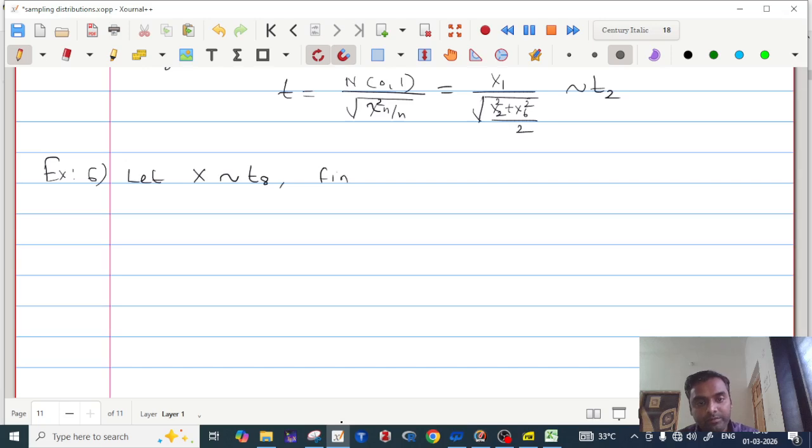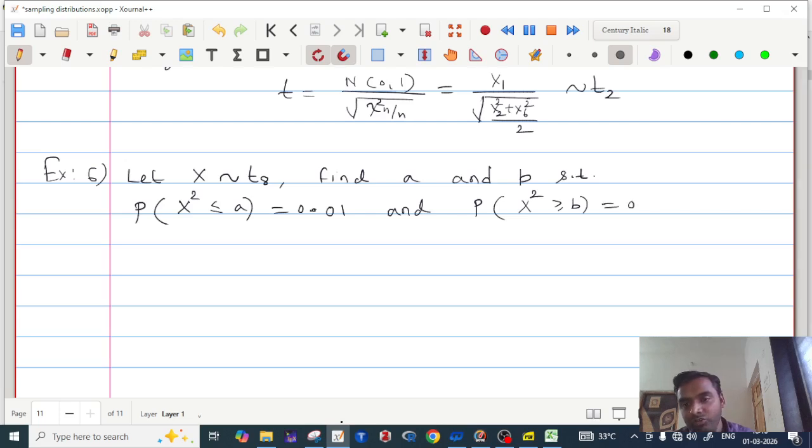Find A and B such that probability of X square less than or equal to A is 0.01 and probability of X square greater than or equal to B is 0.0.